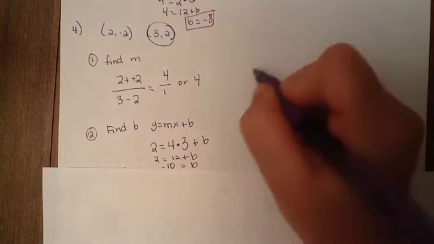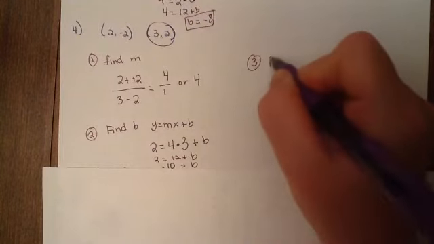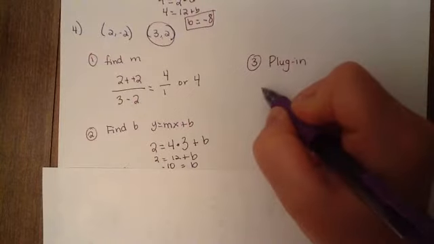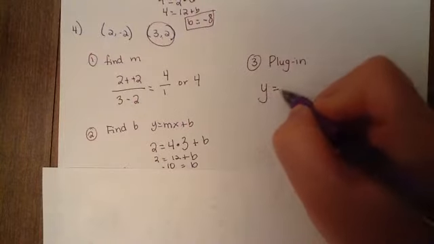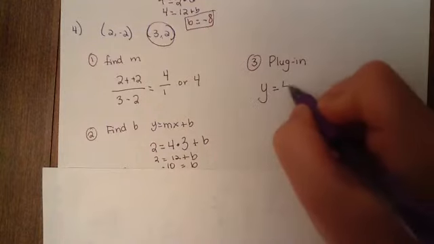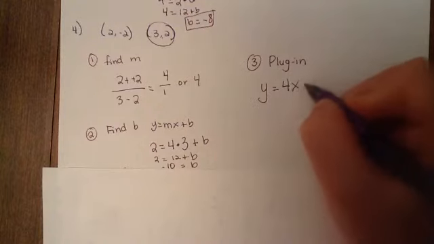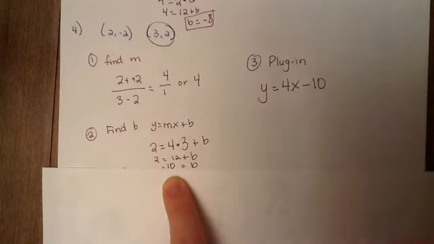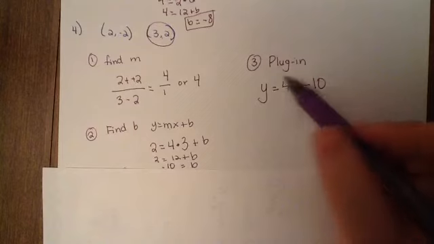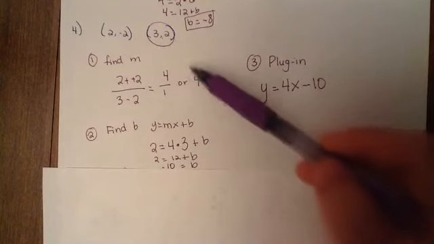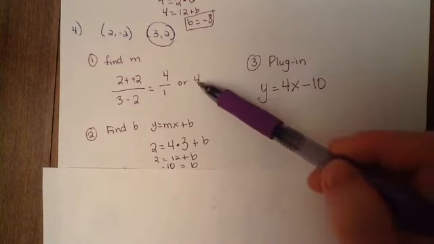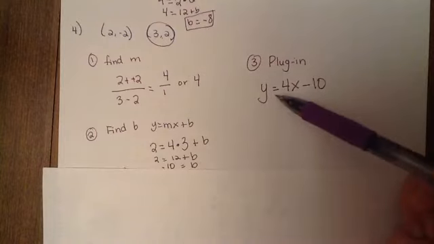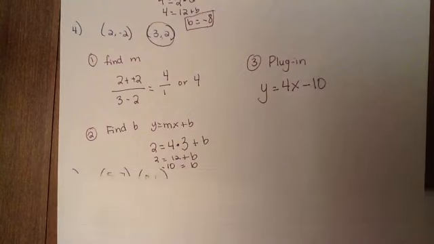What was your final step? Plug in what we just found. So what do we get for our equation? y equals m was 4x plus b, and b is -10. Okay. If you're given 2 points, find the slope. Use a point and the slope to find your b value. Rewrite your equation. Nice job today, mathematicians!